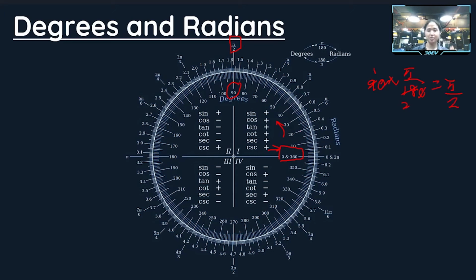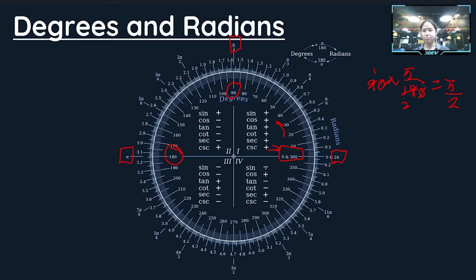You turn some more, and the interesting part is that at 180 degrees, it is pi in radians, and so on. You can see the values over here. Once you finish one circle, which is 360 degrees, you get 2 pi.